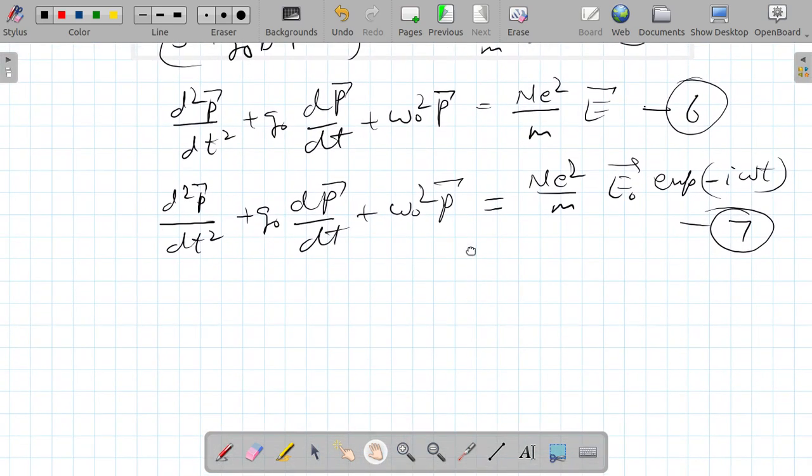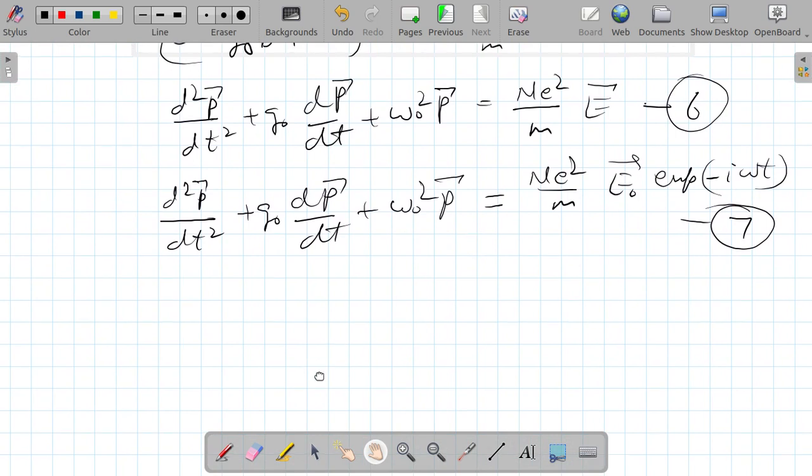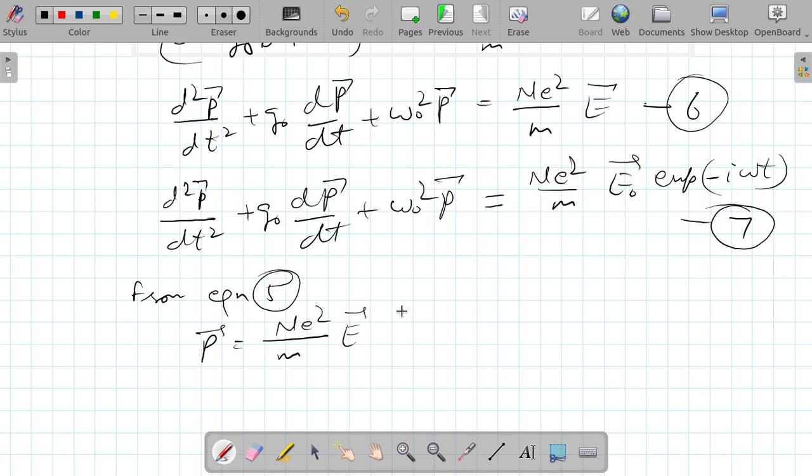Now again, from equation number 5, we can write this polarization vector as P = Ne²/m E vector times 1 over (D² + g₀ D + ω₀²).